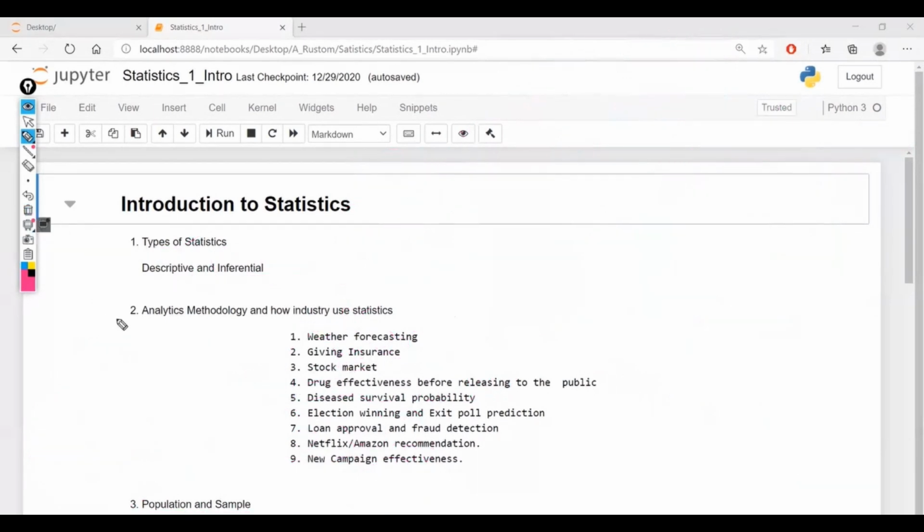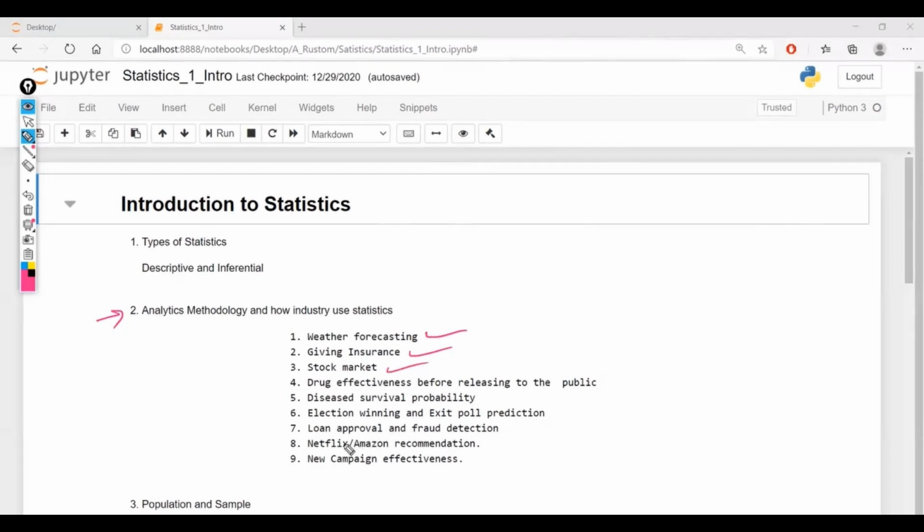All right. Now let's come back to this point, and you may be wondering where statistics is being used. Statistics is used in many industries, so I have listed very few here. It could be weather forecasting, insurance, the stock market, right?